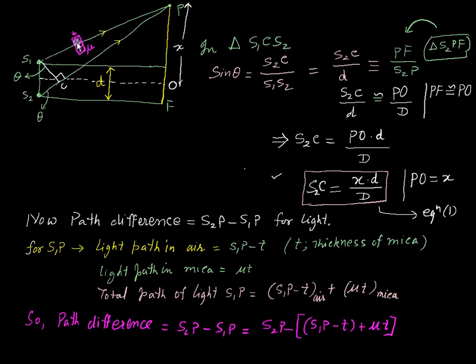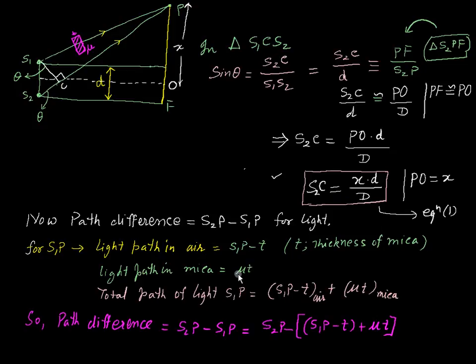So we have to find out the total path traveled by the light ray, that is first of all in air, will be equal to S1P minus T. If you subtract the thickness of the mica sheet from the total distance, that will be the distance by which light ray travels in the air, and the second distance is that in the mica sheet, right?